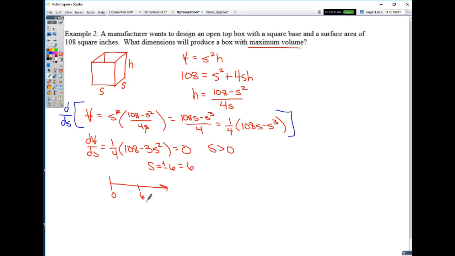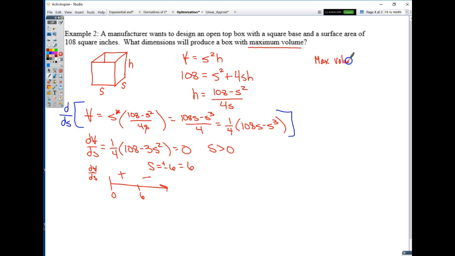If we select a value between 0 and 6, our dV/dS is going to be positive. Once we cross, it will become a negative value. What does that tell me? That's an absolute max. How do I know?